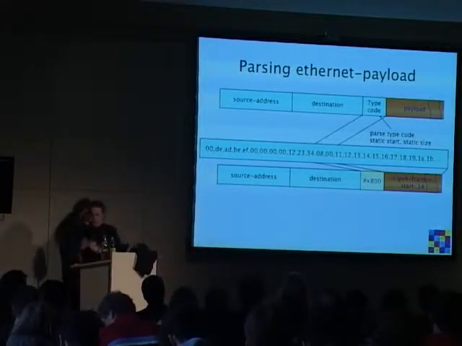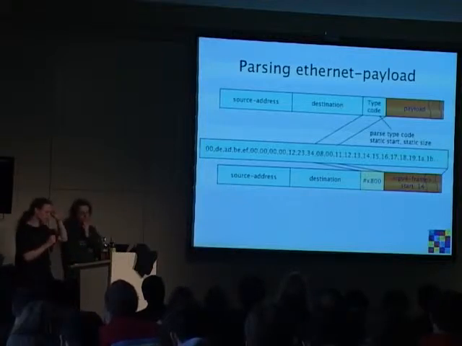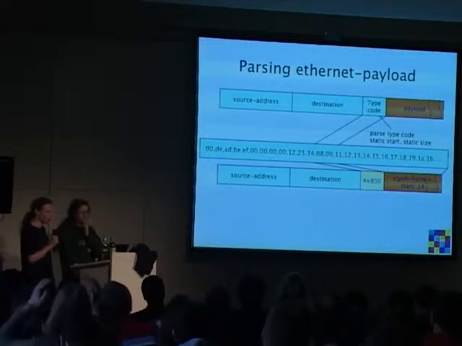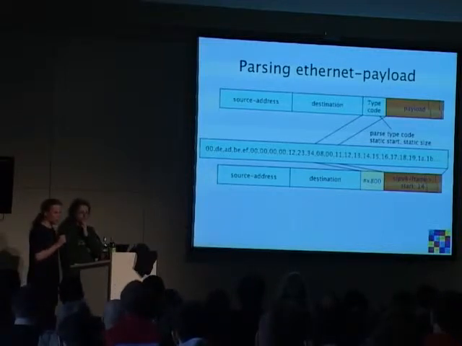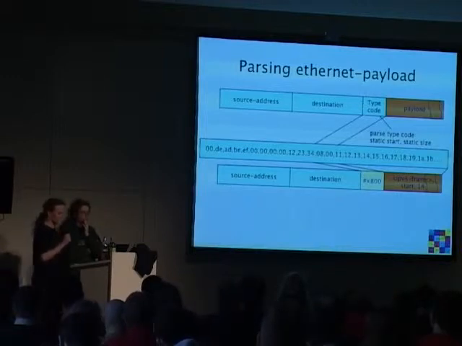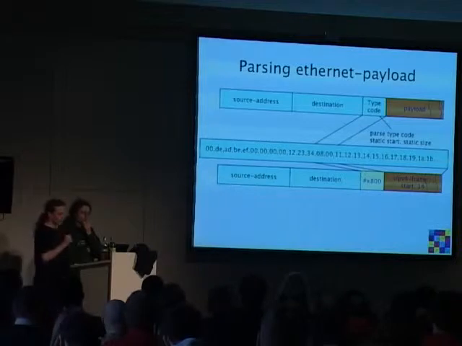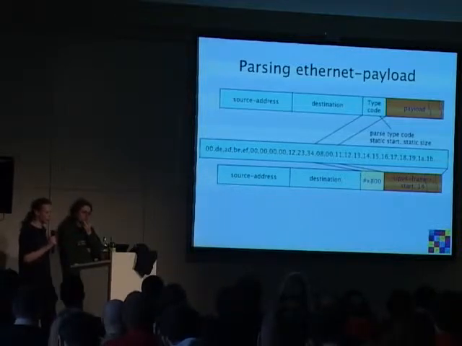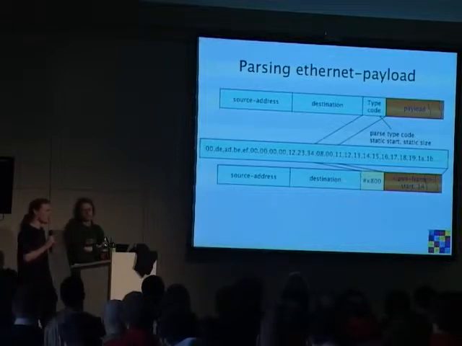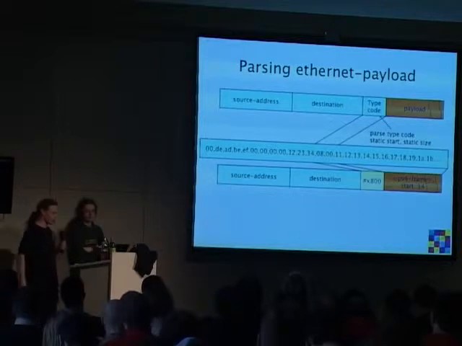So if a user accesses the payload of an Ethernet frame in our framework, and you have a byte vector as input, it first accesses bytes 12 to 14 for the type code, and then looks up what the type of the payload should be, and then parses the payload or generates a class of that type.